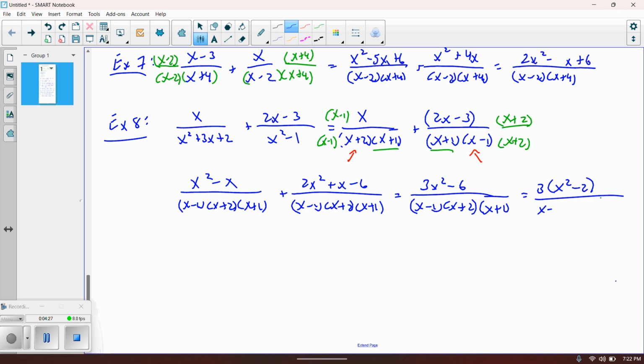So then you're just left with x minus 1, x plus 2, x plus 1 in your denominator. And that one there is about as simplified as we're going to get it. And your denominators can't be, let's see, 1, negative 1, and negative 2. So I think that's probably about as good as we're going to get there.